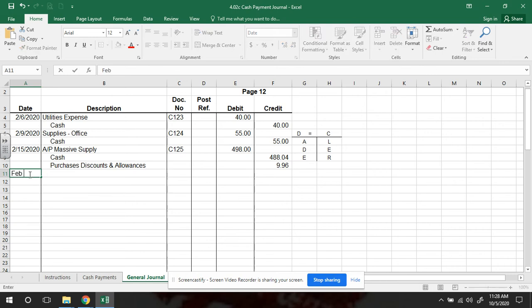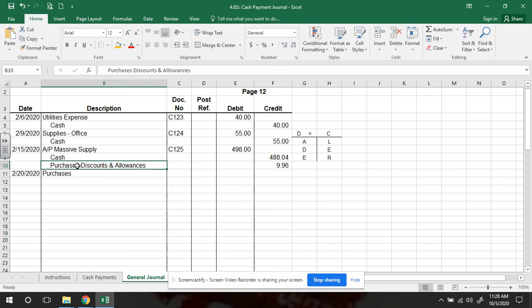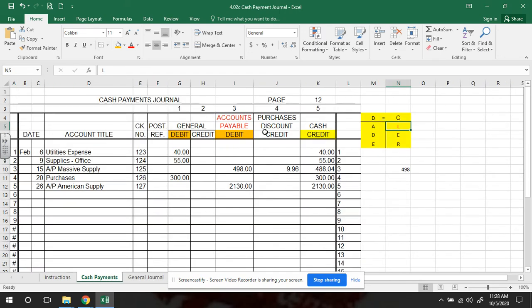Now, the next one was February 20th. And this one we bought. Oh, wait. I got to show you something. You're saying, how did I know that this was purchases, discounts, and allowances? Well, look over here. This right here says purchases, discounts.